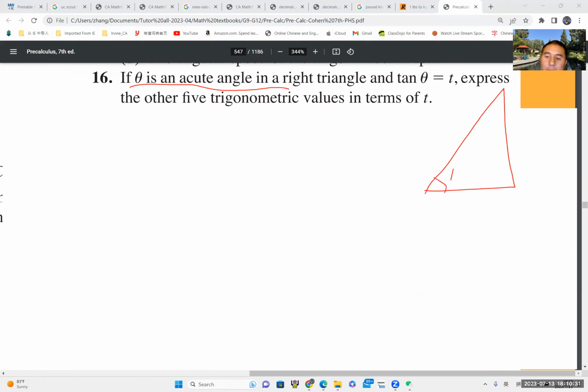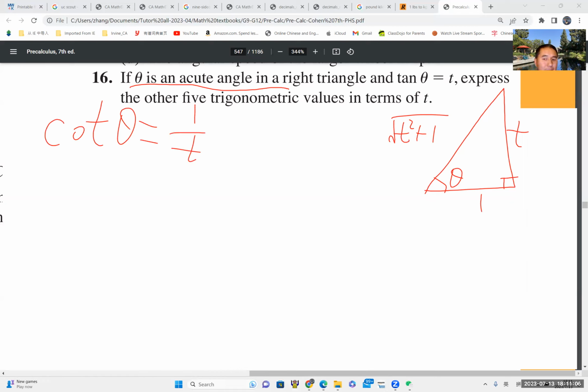Suppose this is theta, this is the right angle. Tangent theta equal to t. Then we can set this as t, then this is 1, right? Then the hypotenuse should be t squared plus 1 squared, then take the square root. When we have this, we can easily get first cotangent theta. Of course, it's the reciprocal of tangent, then 1 over t, right?